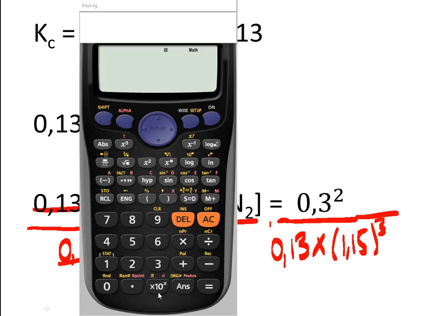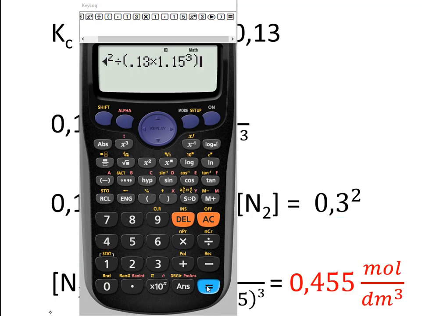So we put this into our calculator. 0,3 squared divided by, open brackets, 0,13 times 1,15 cubed, close bracket, equals 0,455.